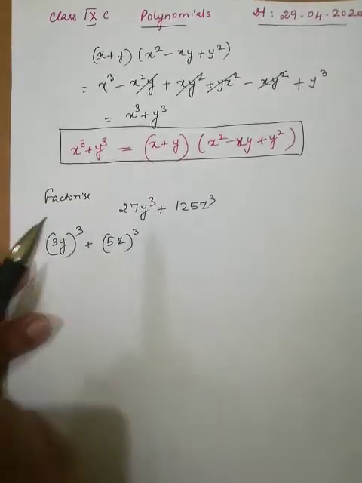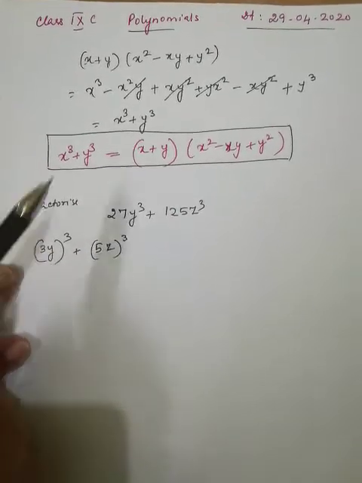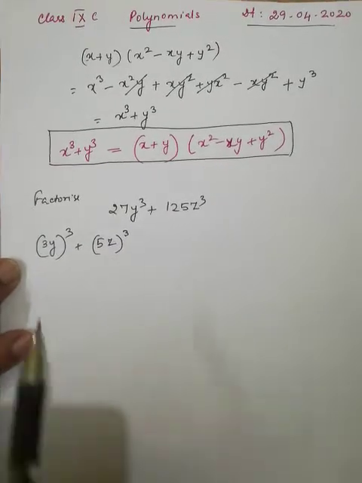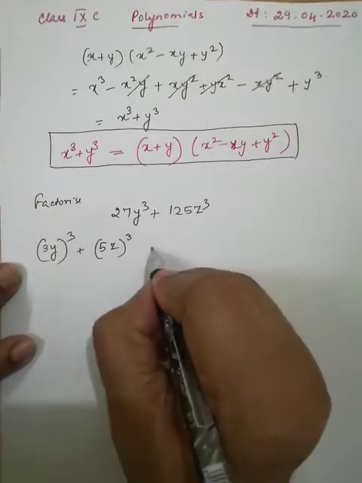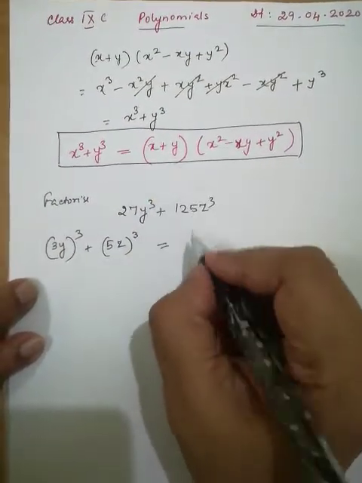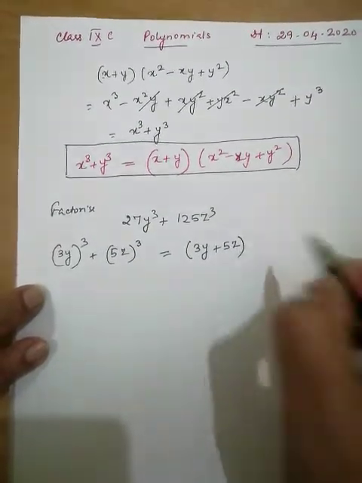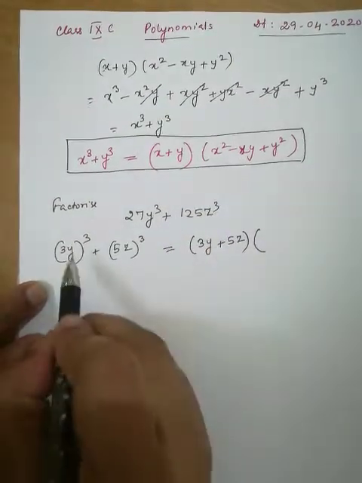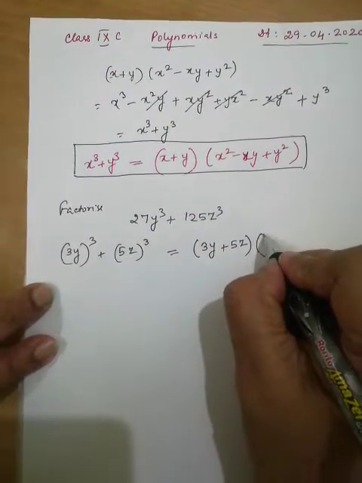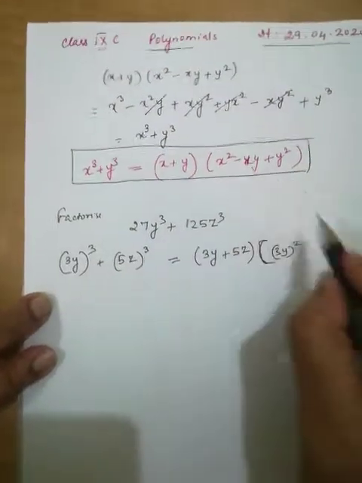Now you see that it is in the form of x cube plus y cube, where x is 3y and y is 5z. So the factorization of this will be by using this identity, x plus y in place of x plus y. It will be 3y plus 5z bracket x square, that is 3y the whole square. So I will put 3y the whole square minus xy.